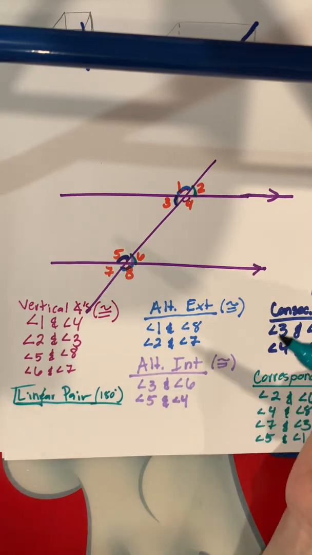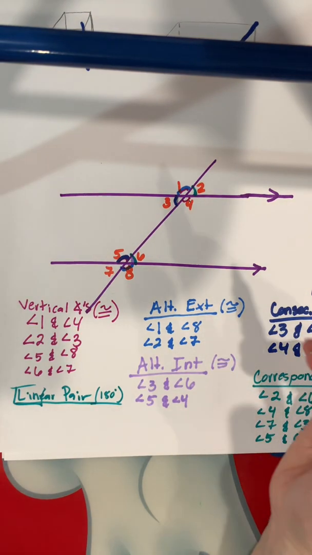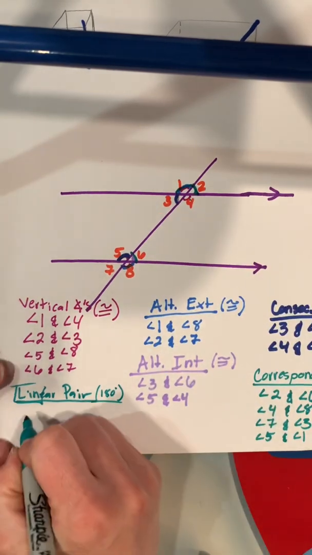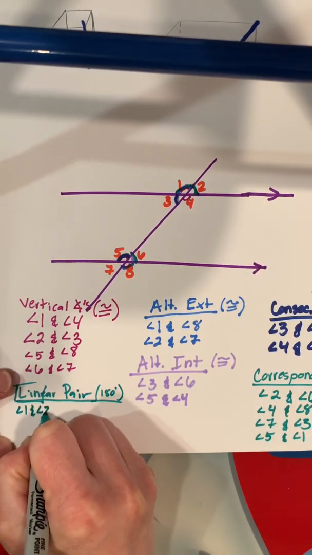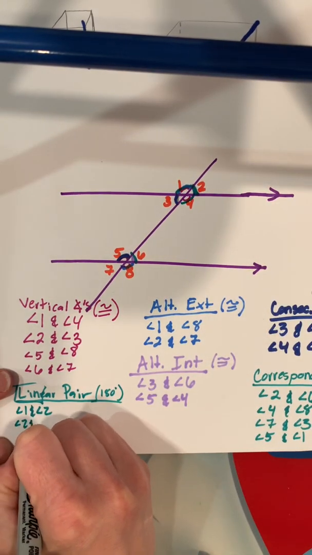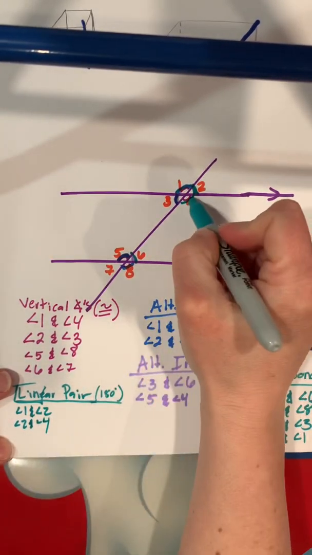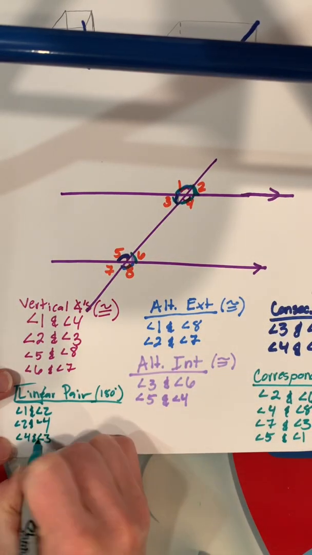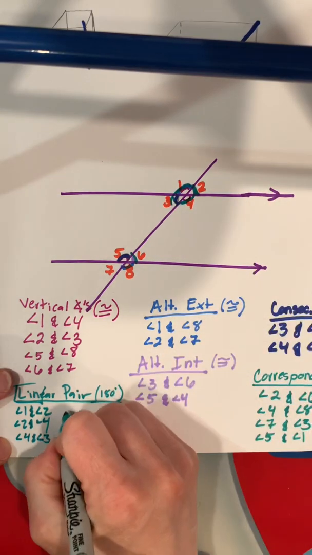There are multiple sets of linear pairs here. These are 2 that make a line: angles 1 and 2. But then angle 2 is also a linear pair with angle 4. Angle 4 is a linear pair with angle 3. Angle 3 is also with angle 1.